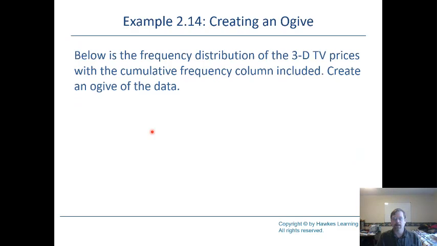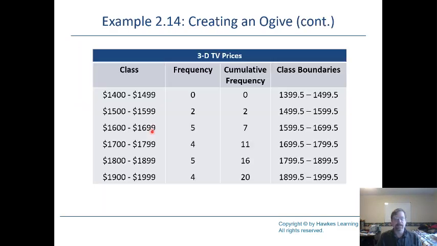So if we were to take our 3D TV data here with those class boundaries, with the ogive, as with the frequency polygon, we're plotting this at the midpoint, so you're going to need to calculate the midpoints. Take a minute and create the ogive.